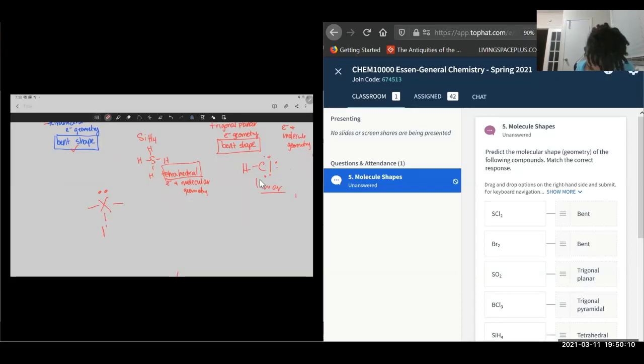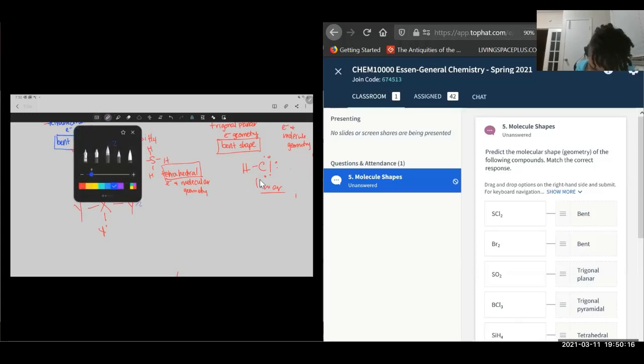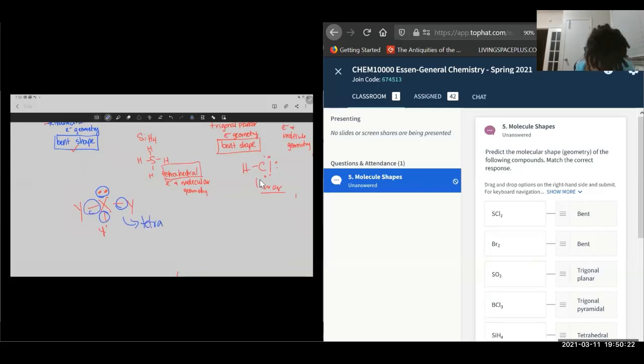Let's say XY3, right? I have 1, 2, 3, 4 electron groups, which would give me tetrahedral as the electron geometry. But because I have 3 bonded atoms, that gives me trigonal pyramidal, because it looks something like a pyramid. Yes.